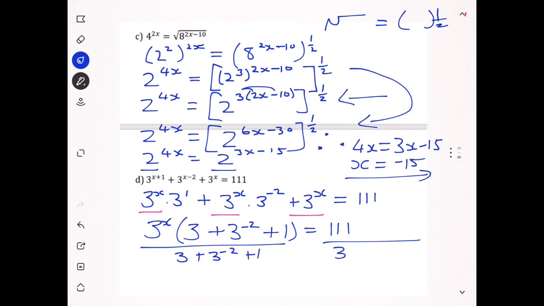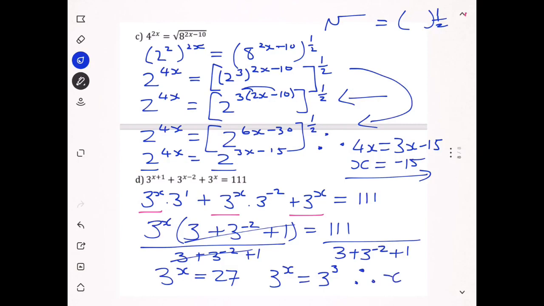This you can do on your calculator. And when you do that, 3 to the x equals 27. Then we have a simple exponential equation, and we can break up that right hand side into a product of prime factors, which is 3 to the 3. Our bases are the same, so we can equate the exponents. x equals 3.